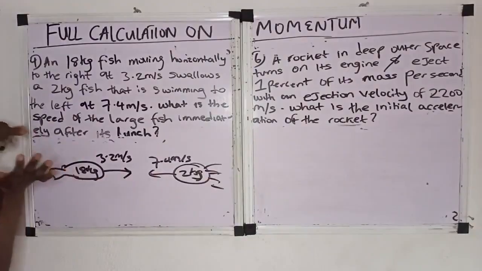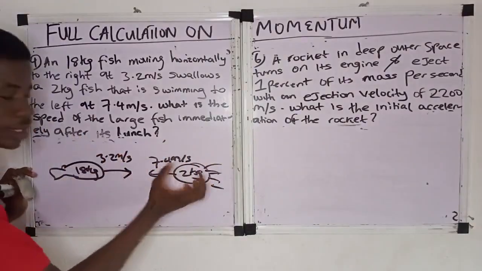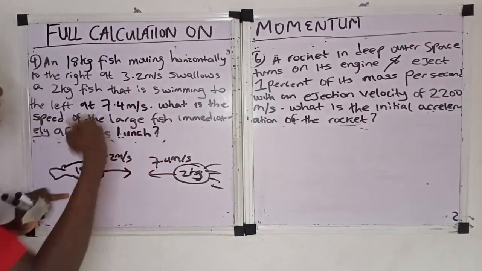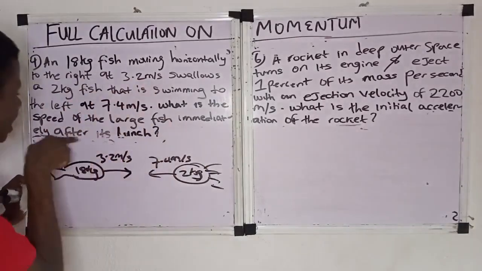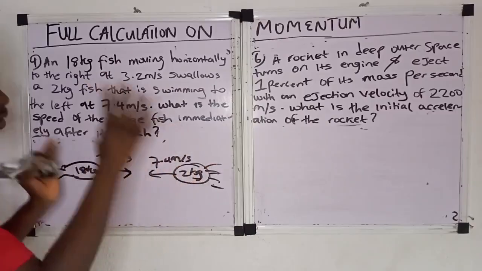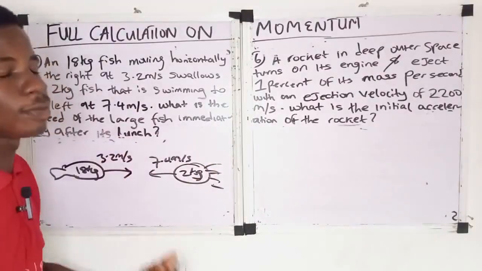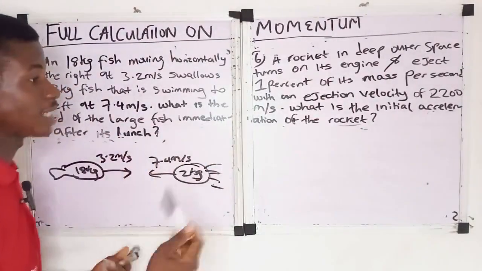Look at it. This one is moving towards this side and this bigger fish swallows the smaller fish. After swallowing it, they are asking us the speed of the bigger one after its lunch, after it has swallowed the smaller one. So it's just an example of a perfectly inelastic collision.